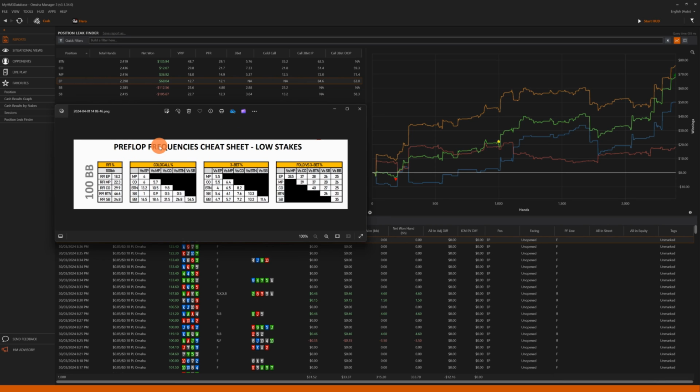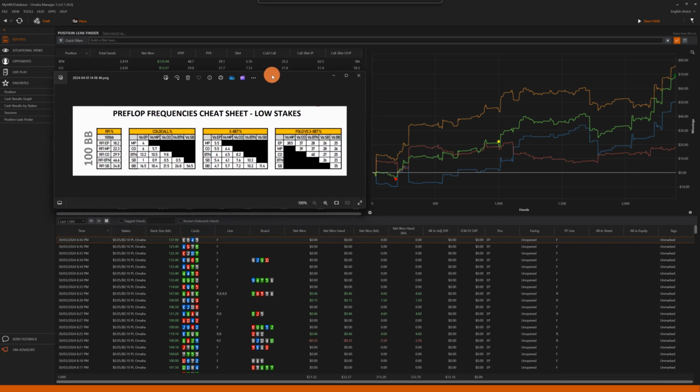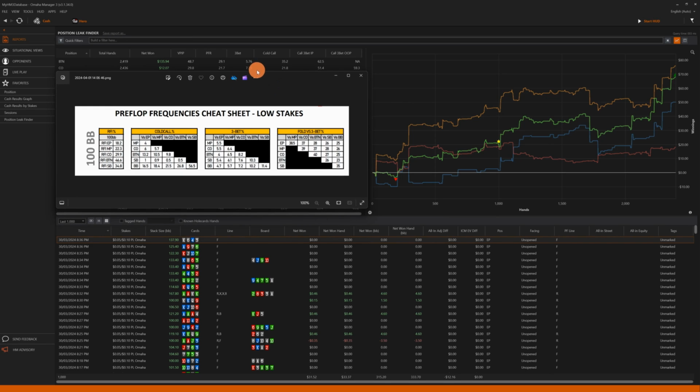It's called the pre-flop frequencies cheat sheet for low stakes. We're just going to concentrate on the cutoff for the moment. If you look at the cutoff and line it up with my statistics here, our raise first in the cutoff, being the PFR, is 21.